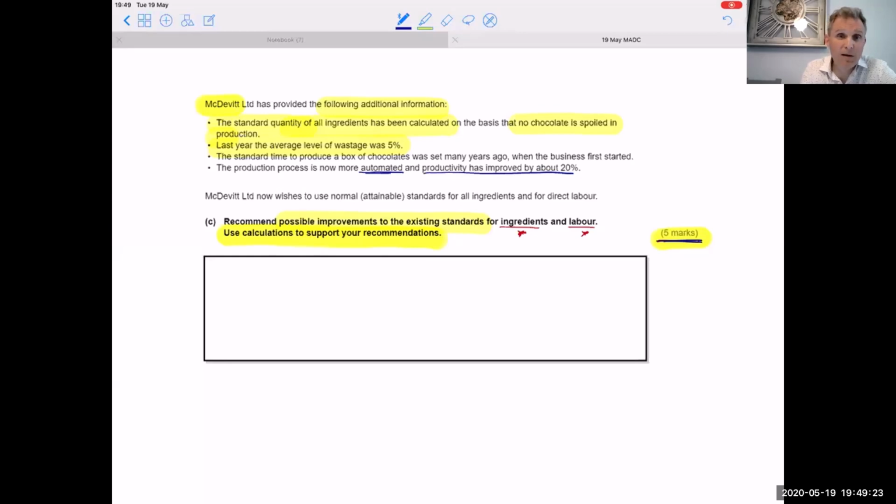McDevitt now wants to use normal or attainable standards for all ingredients and direct labour. Attainable standards assume a realistic level of efficiency and improvement.